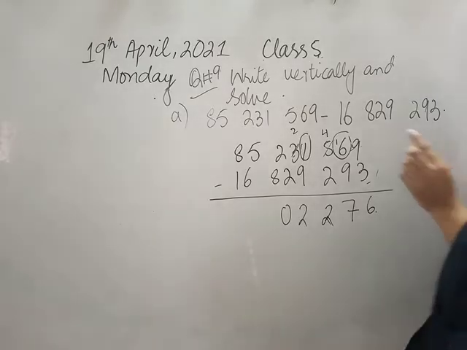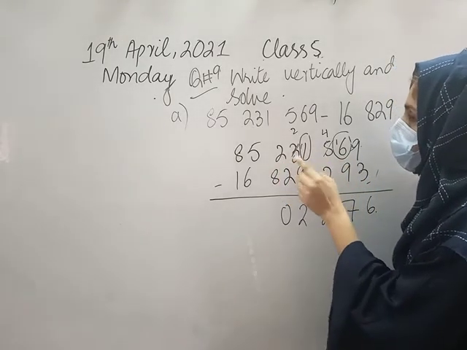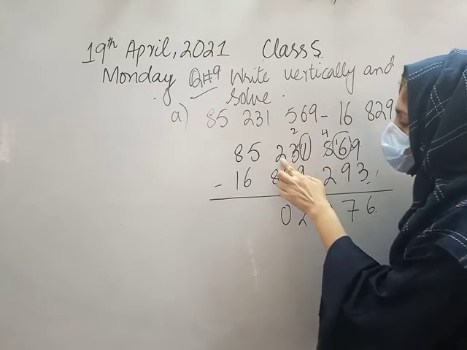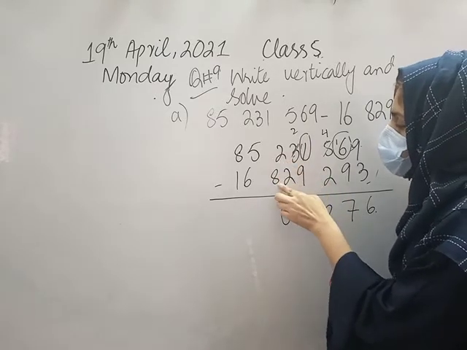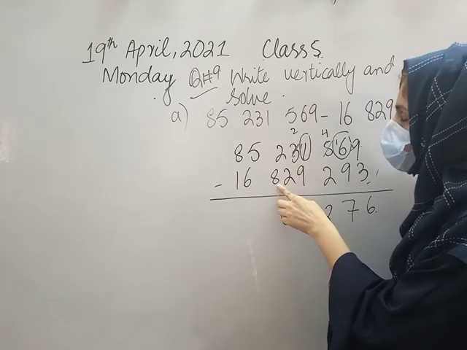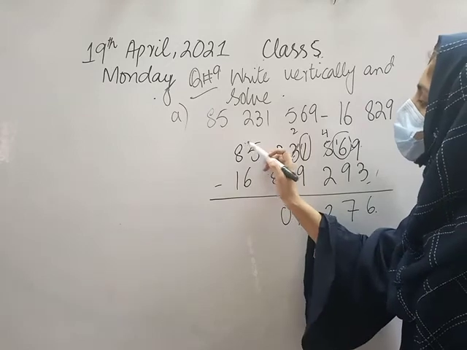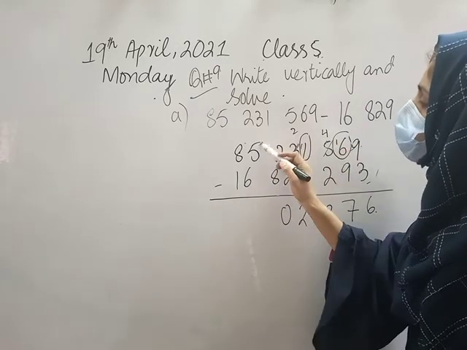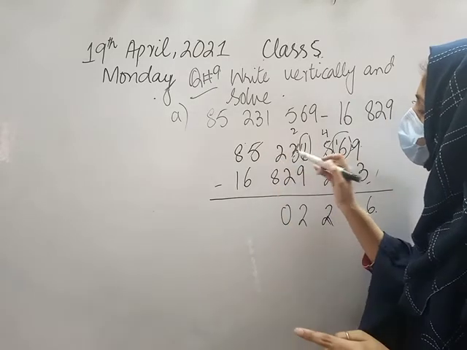Fine. Okay. The very next number we are moving towards is 2 minus 8. We can read this 2 minus 8. So is it possible to subtract 2 minus 8? No. So that's why we will take carry from this. जब हम यहाँ से carry लेंगे तो ये क्या बन जाएगा?